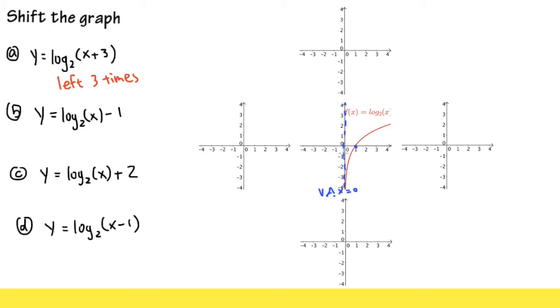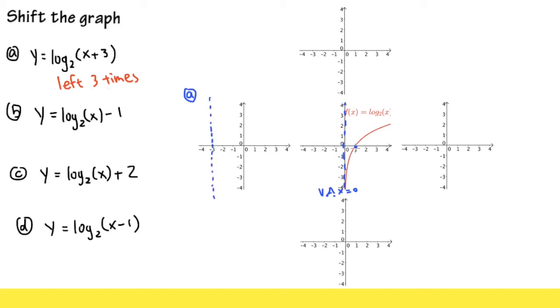First, let me shift the vertical asymptote. We have to shift this to the left 3 times, and this is going to be the graph for part A. So let me just do that right here. 3 times toward the left, so that means we'll be at x equals -3, and we just have to draw the vertical dashed line right here.